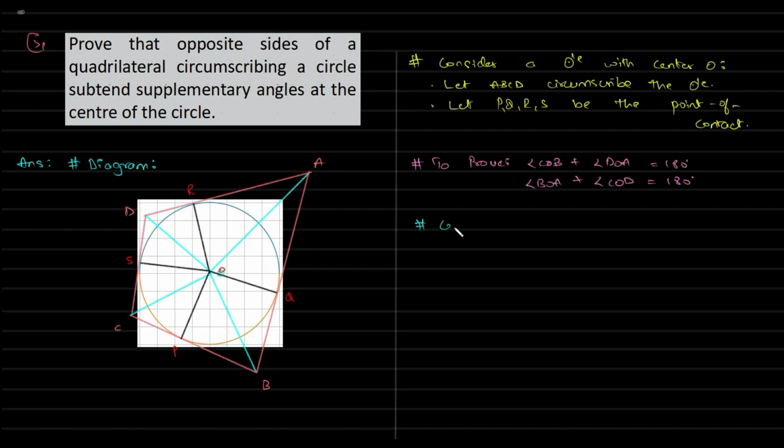Next is a bit of construction. We'll join OP, OQ, OR and OS. It's not required, but anyway, we'll write it. My method is always to label it. We'll call these angles A, B, C, and D. We have to prove that A plus B plus C plus D is equal to 180.